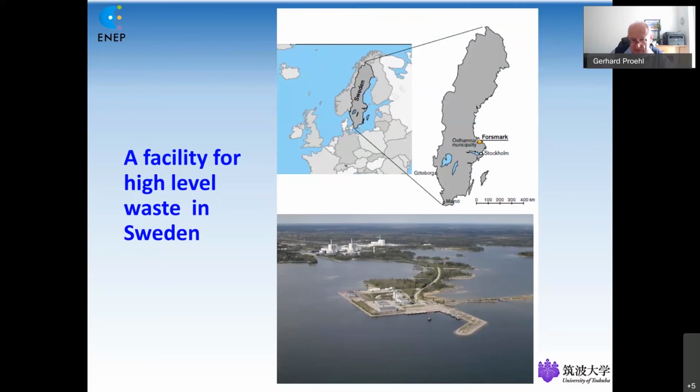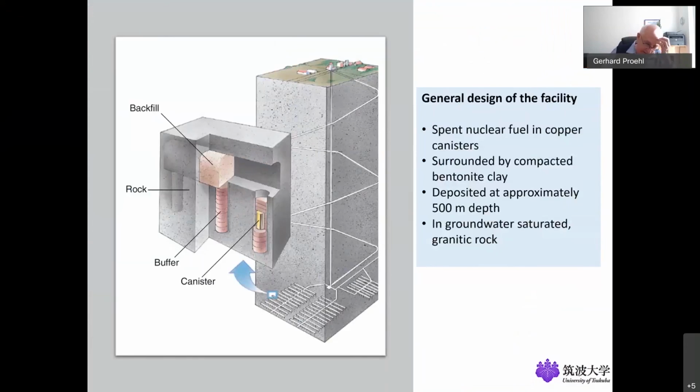So it's really on the sea. And here you see something about the general design of the facility. We have the spent nuclear fuel in copper canisters. They will be surrounded by bentonite clay and deposited at a depth of about 500 meters.